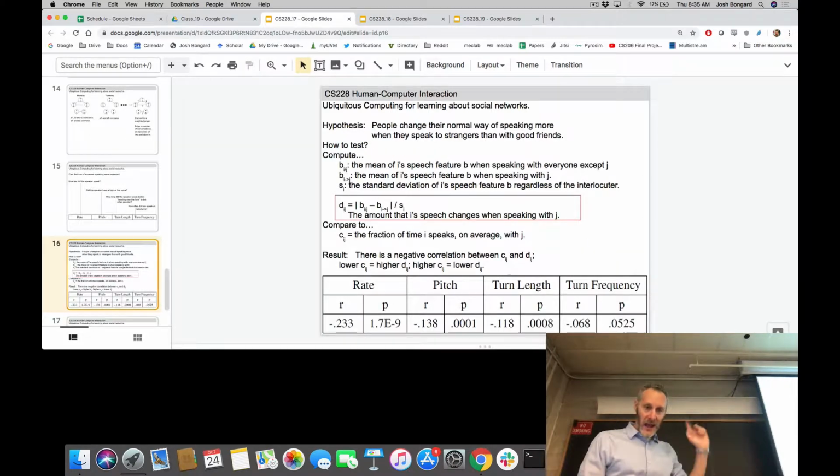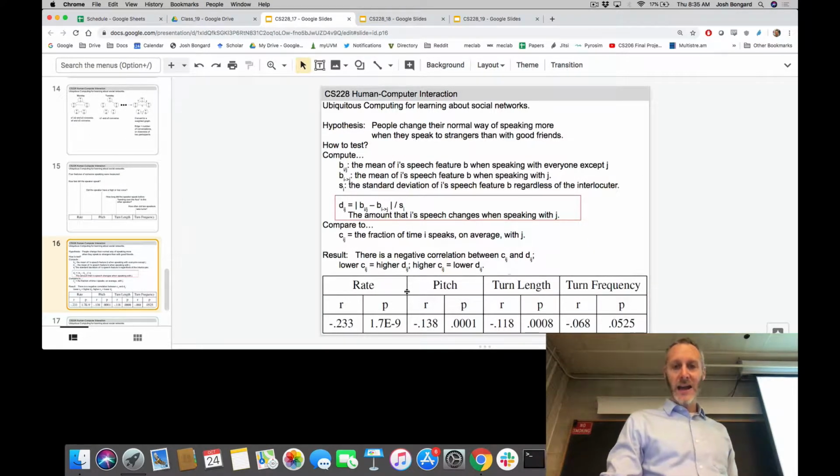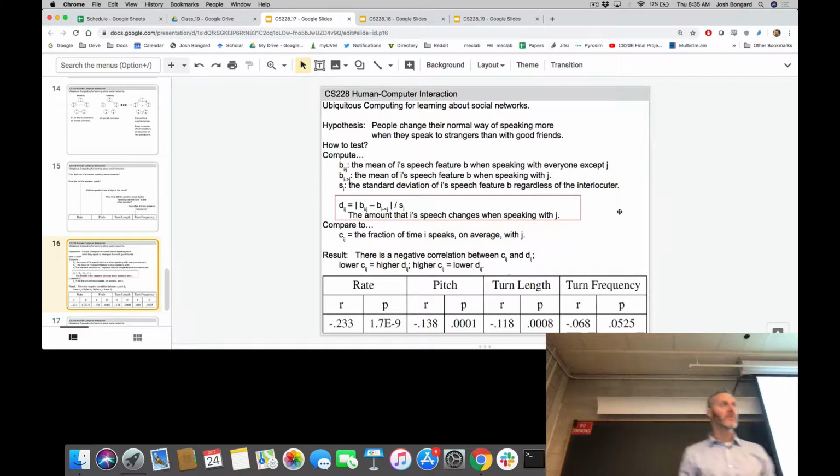Okay. We ended last time by looking at some correlations, or more particularly anti-correlations. We started by computing Dij, which is the difference, if any, in the way that i speaks to j compared to the way that i speaks to everyone except j. If D is 0, then the way that i speaks to j is exactly equal to the average way that i speaks to everyone else.